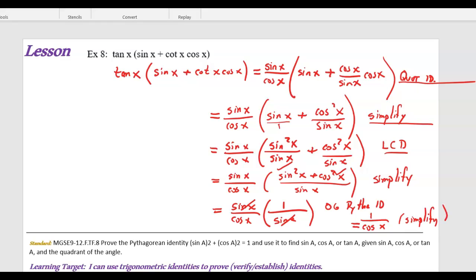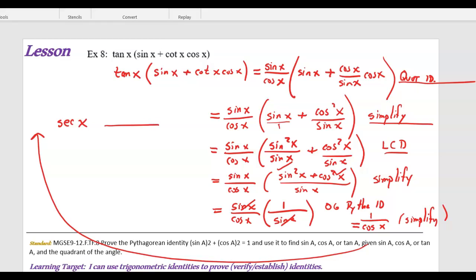And then my last step, 1 over cosine of x is secant of x. How do I know that? That is one of the reciprocal IDs.